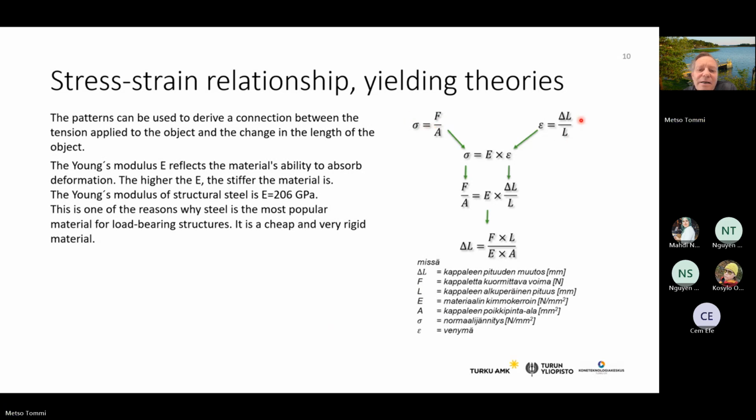Here's delta L per L. And we put this one in the place of sigma and this one in the place of epsilon.